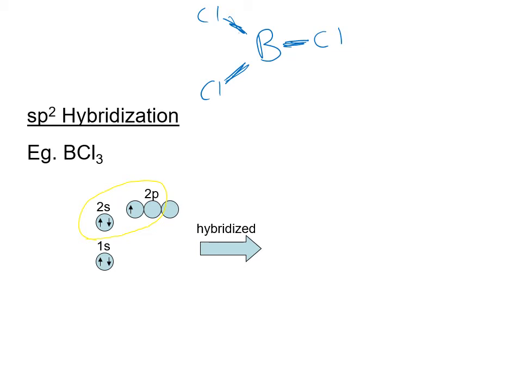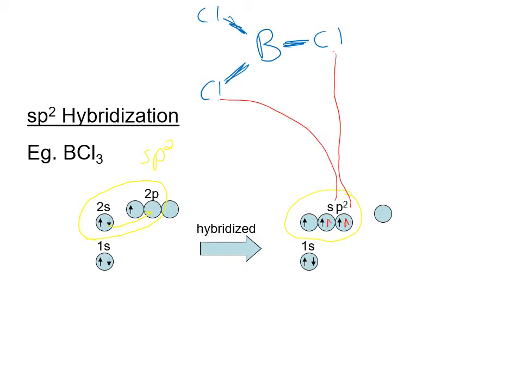So if we take the s orbital and 2 of the p orbitals, I'm going to use a superscript to say, okay, I took 1 s and 2 of the p orbitals, and then we move the electrons and spread them across that sublevel, we will end up with a sublevel with 3 half-filled orbitals in it, where we can share from the chlorine 1 electron right there, the other one can share right there, and the other one can share right there.